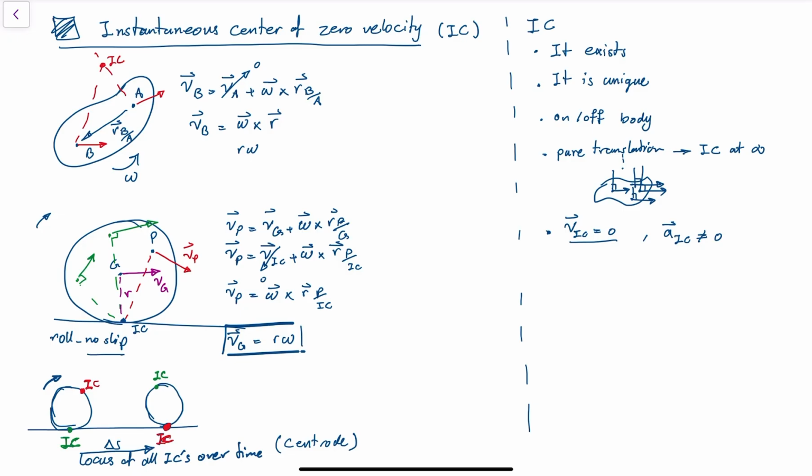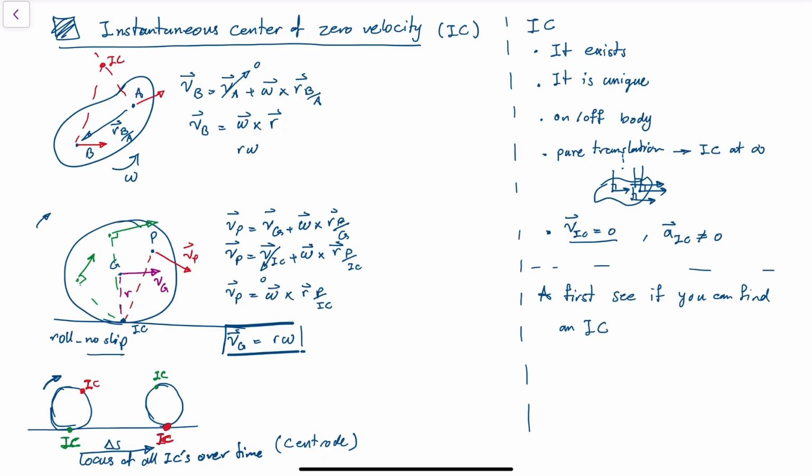Okay, so that is all I wanted to say. And as a piece of advice, whenever you're dealing with at least velocity level problems, your best course of action is first to see if you can find an instantaneous center somewhere in the problem for your bodies, and then that simplifies the problem a lot.